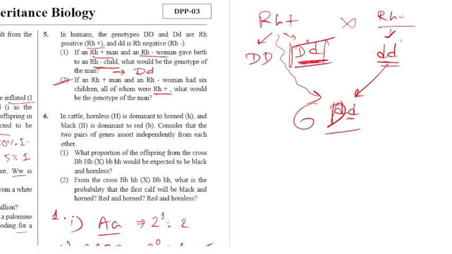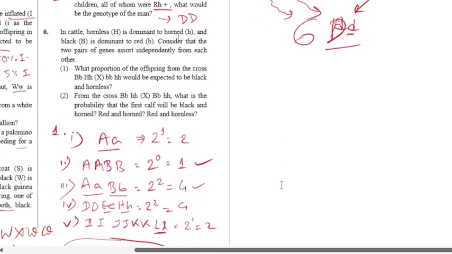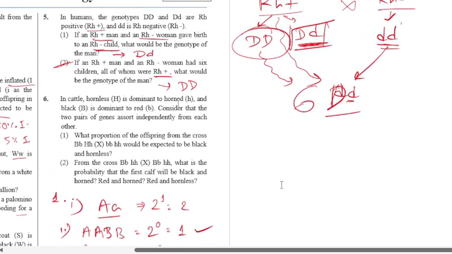In that case, this Rh positive man is not giving a single small d in six children, so there is a very high possibility that the man's genotype is capital D, capital D. However, this is not a foolproof solution, but this is the idea.